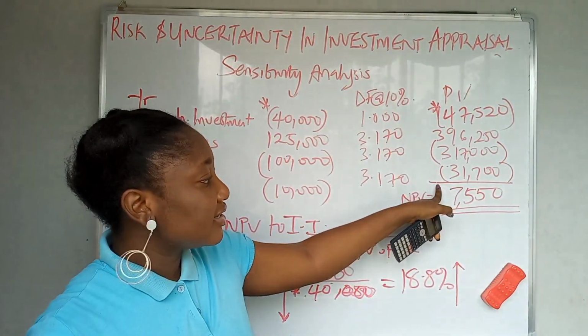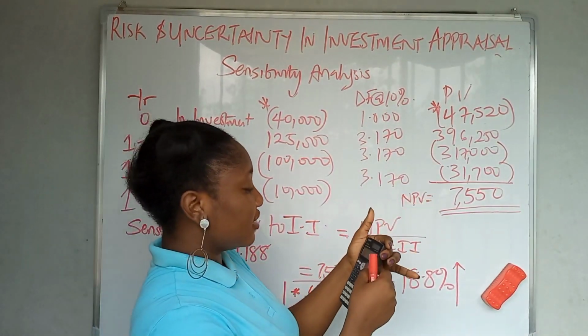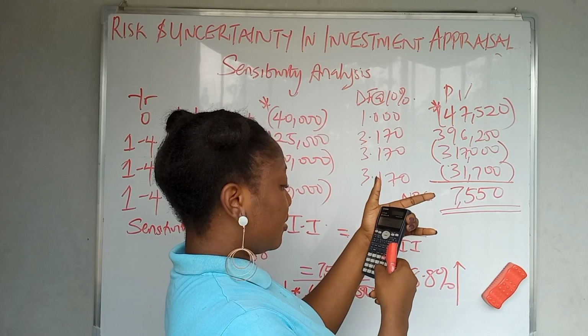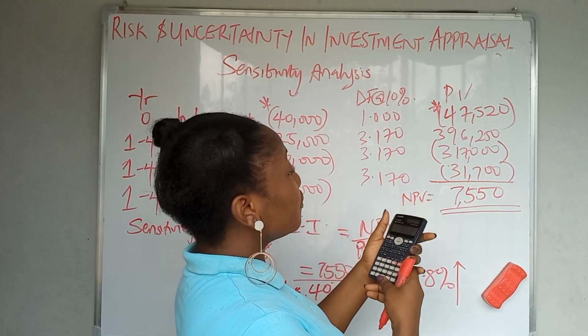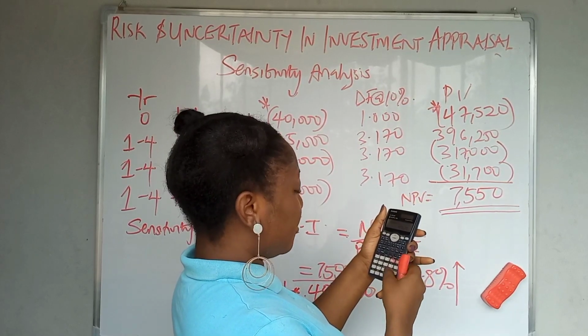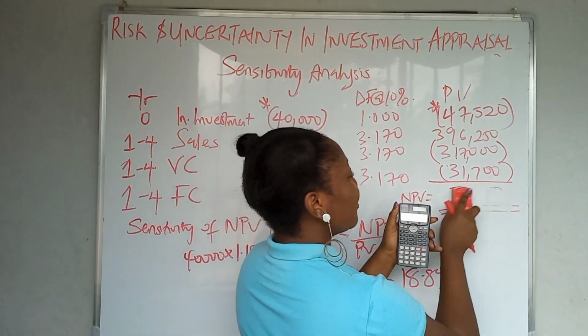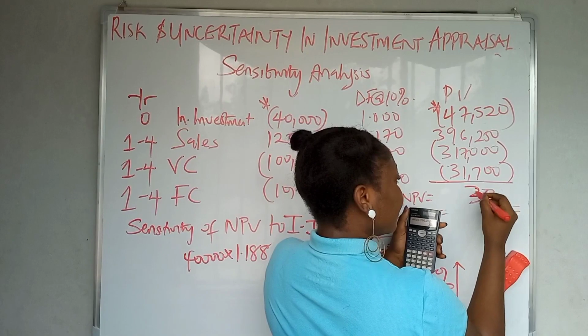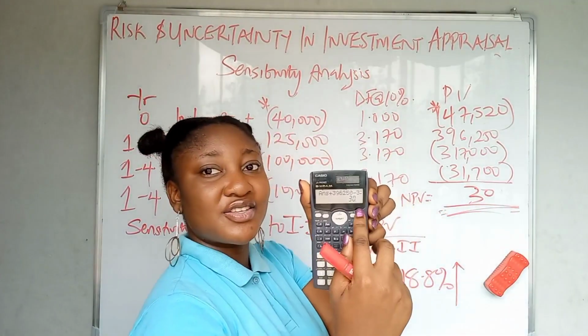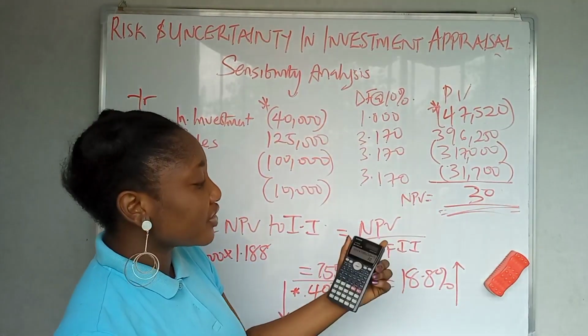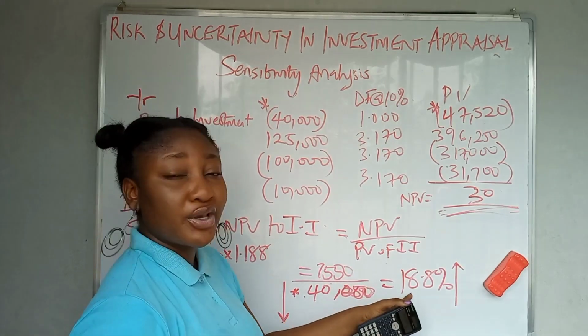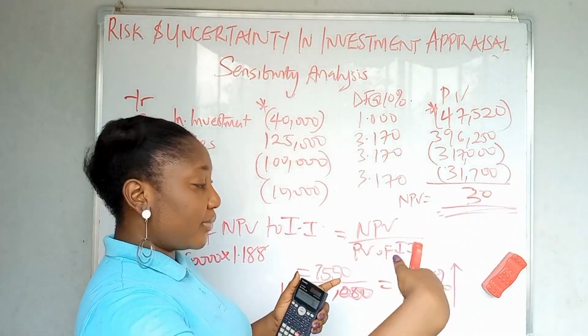Let's now cast this. We will still get a positive NPV. You can see we have an NPV of 30. Of course, it's 30 because of approximation, because even this 18.8 still had other numbers after it.